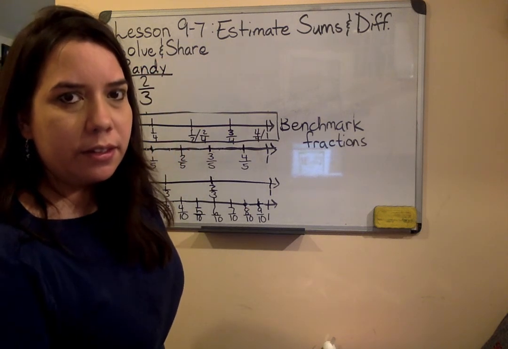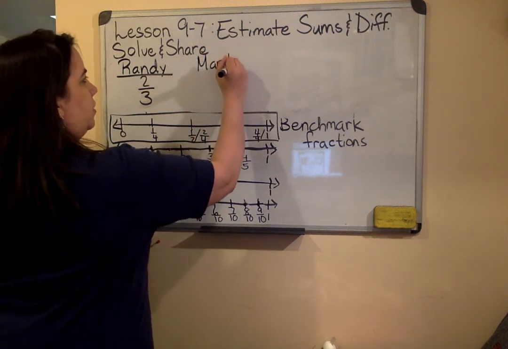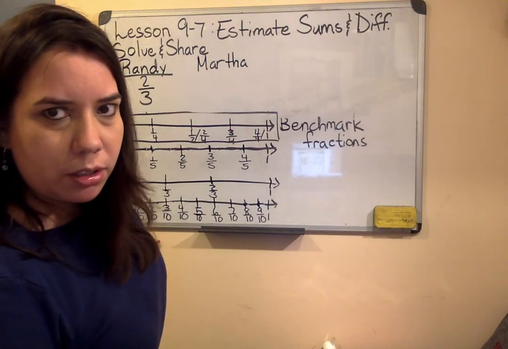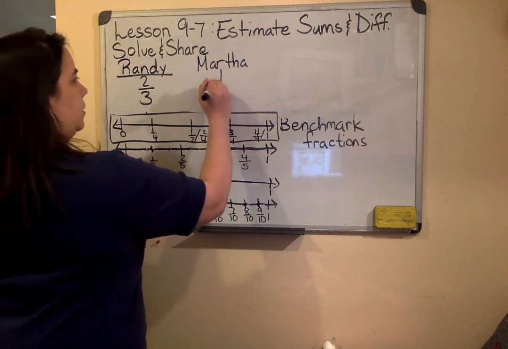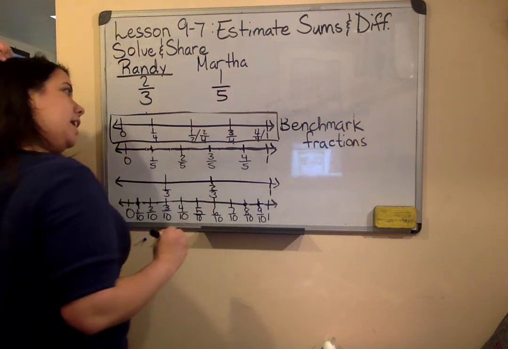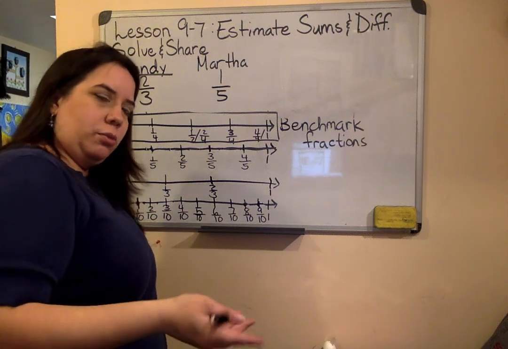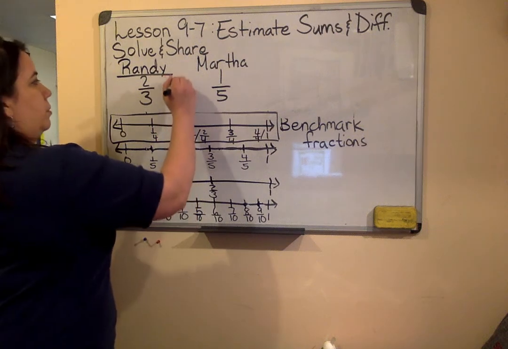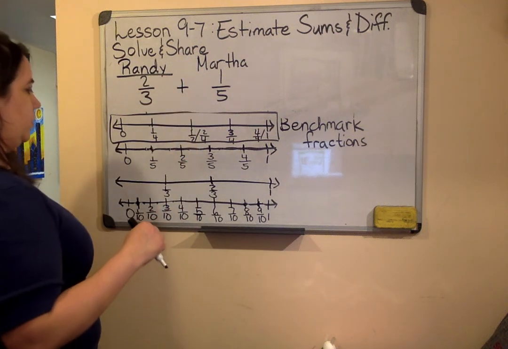And it says here that Martha compró, let's see, how much did she buy? She bought 1/5, un quinto de una libra. So if they bought it together, si lo compraron juntos, what are we doing? Are we adding or subtracting? Sumando o restando? We're adding. So now we're going to go ahead and figure out our estimates, nuestros estimados.